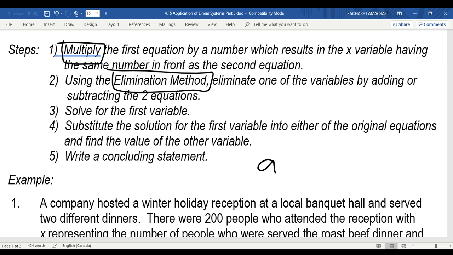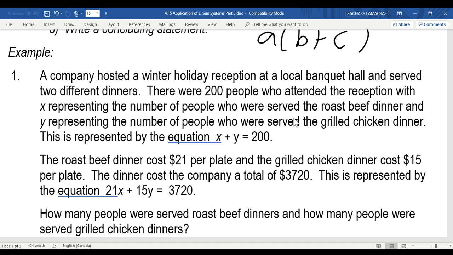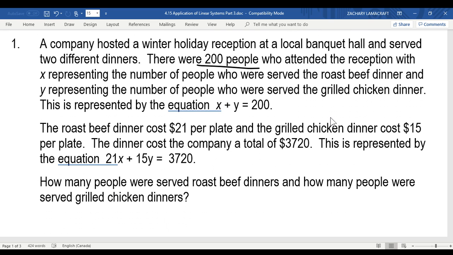The reason we did our distributive law is that whatever number we multiply to one variable, we have to multiply all the way through the equation. So it says a company has hosted a winter holiday reception at a local banquet hall and served two different dinners. There were 200 people who attended the reception, with x representing the amount of people who were served roast beef and y representing the amount of people who were served grilled chicken.